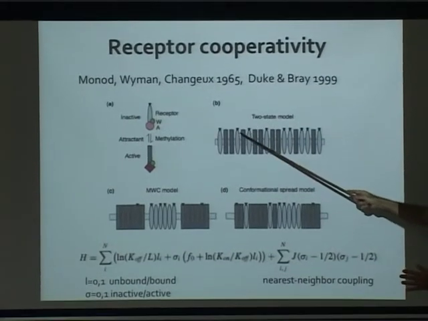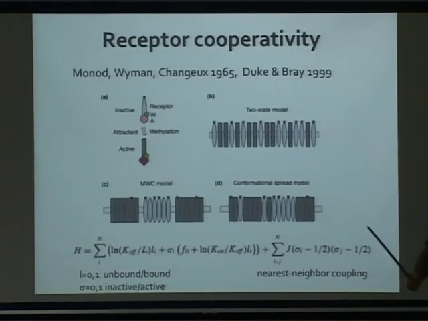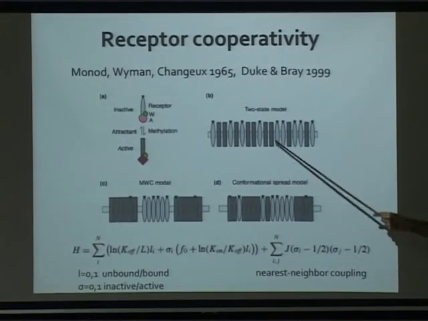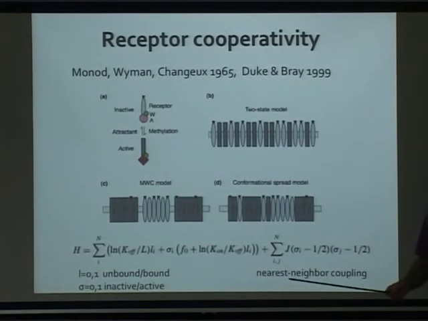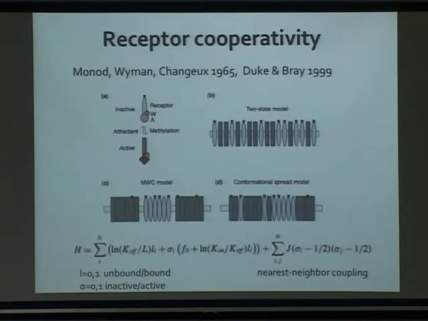In the simple two-state model, it's just a collection of these independent entities, each by itself. This model by itself does not provide any degree of amplification. Each receptor works by itself. It's basically the hyperbolic dependence of the response on stimulus, typical ligand binding kinetics.